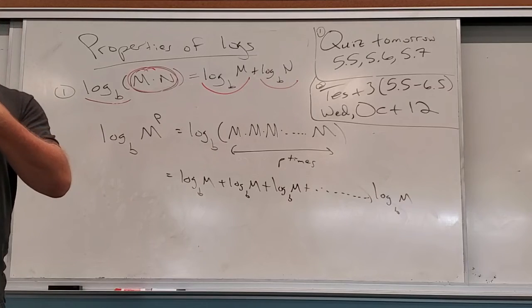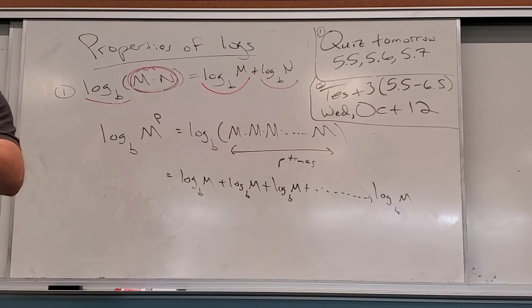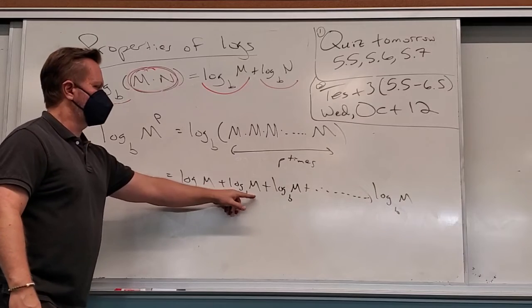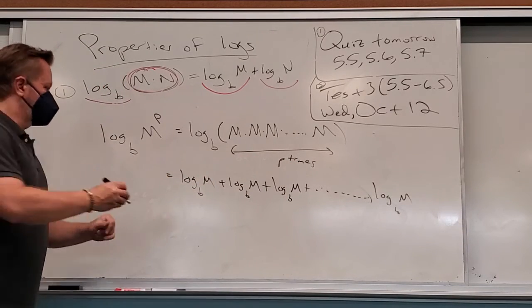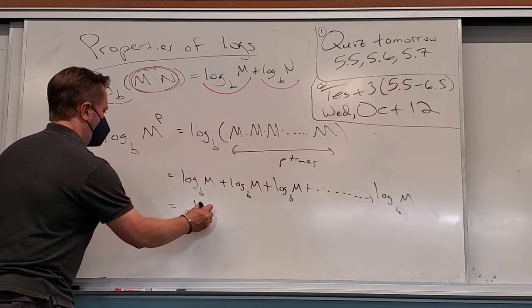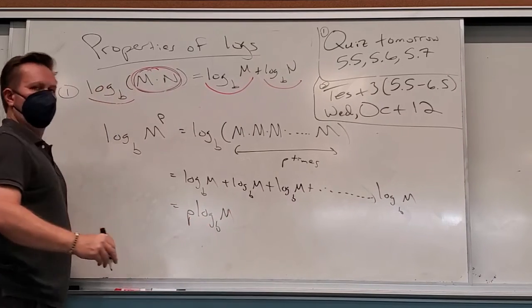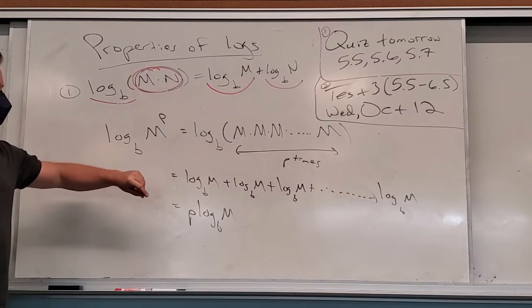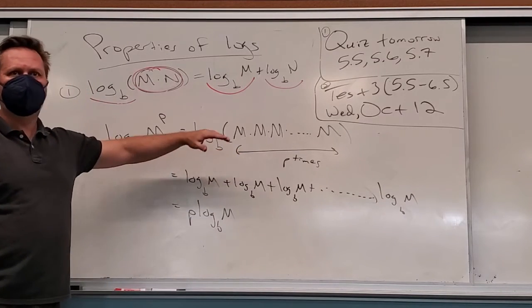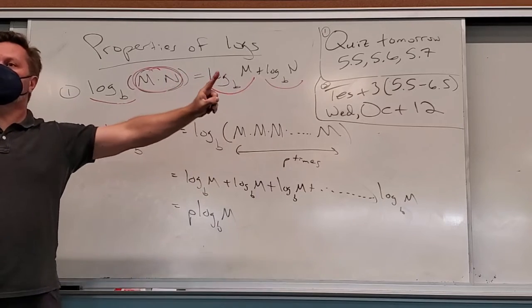What's x plus x plus x? 3x. So what's log base b of m plus log base b of m plus log base b of m, p times? P log, so it's p log. I have p of these. If I had 2 of them, wouldn't that just be 2 log base b of m? But I have p of them.